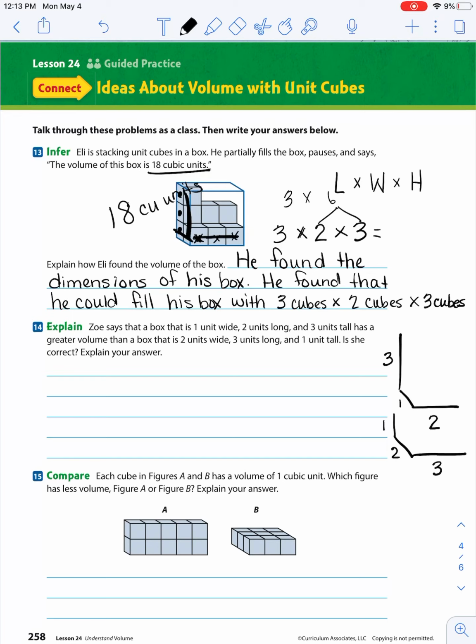Is she correct? Take a look at what we've got going there. You should have found Zoe is incorrect.